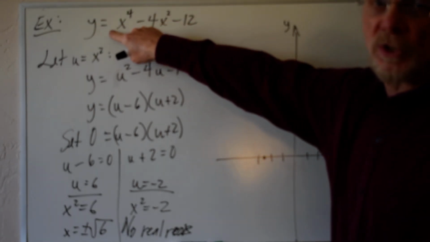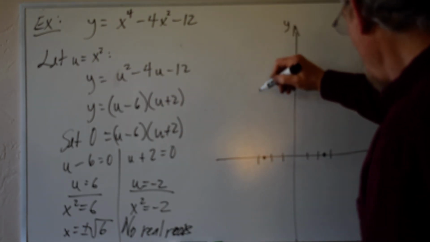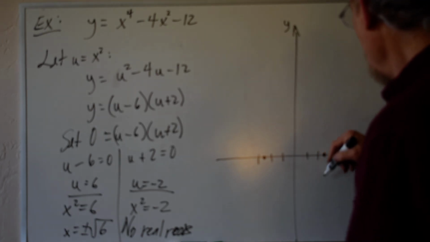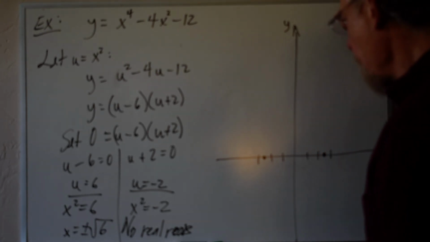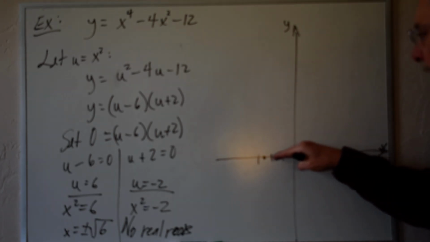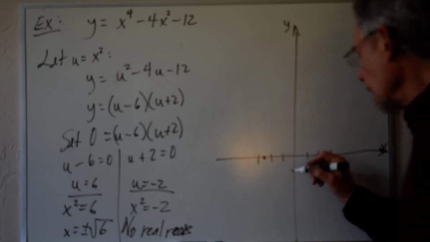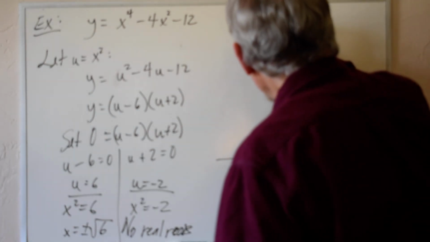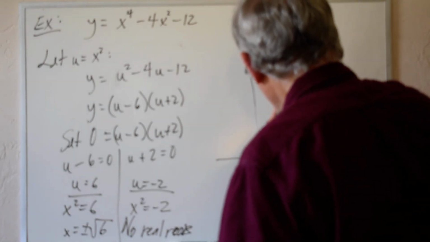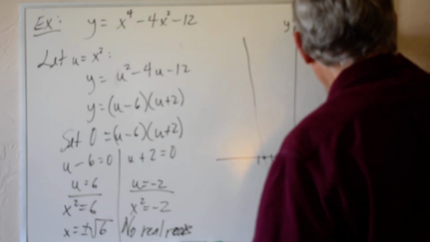The lead coefficient is the invisible 1, so it's positive. So this thing's going to come down, have the hump, and then go up, right? But the middle hump has to be below the x-axis because we have no more x-intercepts. So in other words, we're going to come down like this, going to have a hump, and go back up.